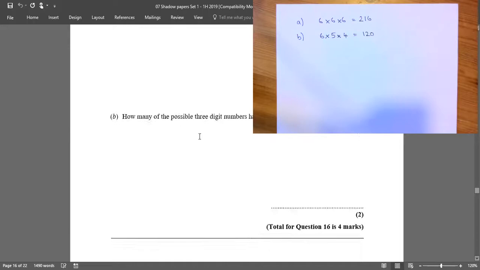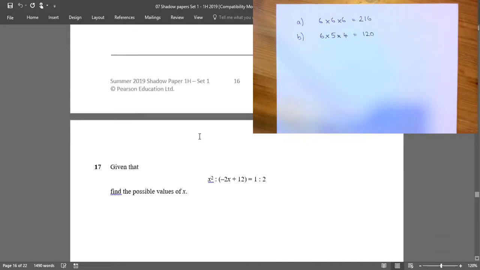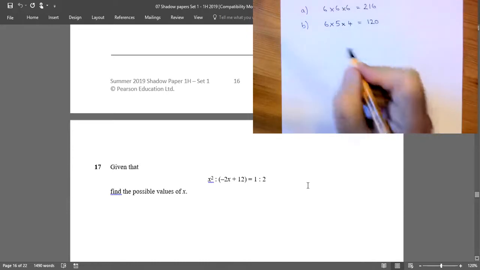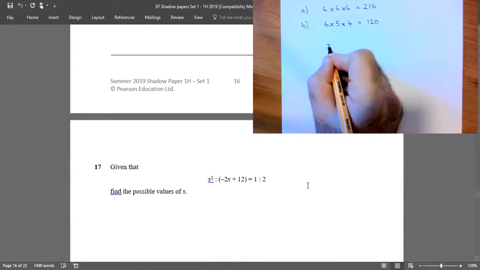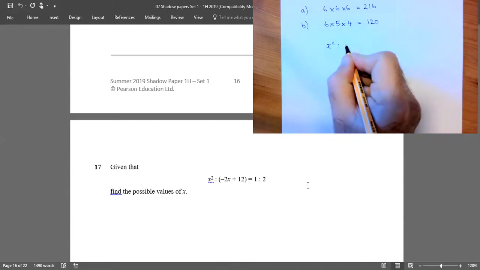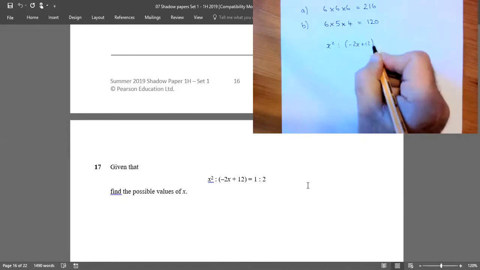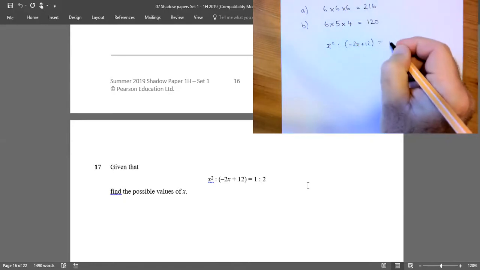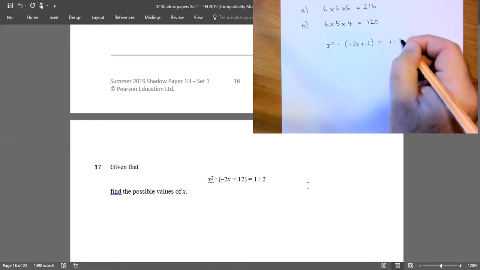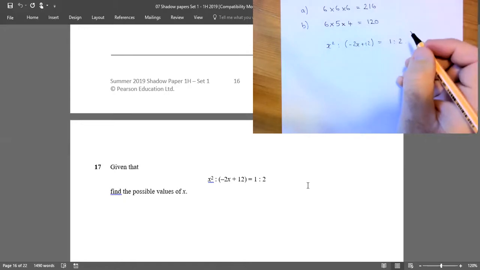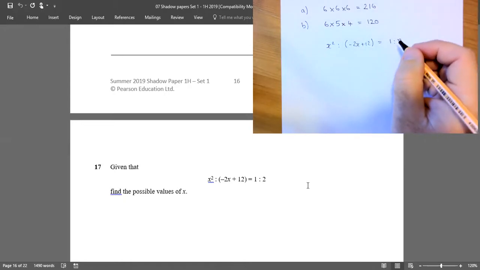Okay, so for question number 17, given that the ratio of x squared to minus 2x plus 12 equals 1 to 2, find the possible values of x.